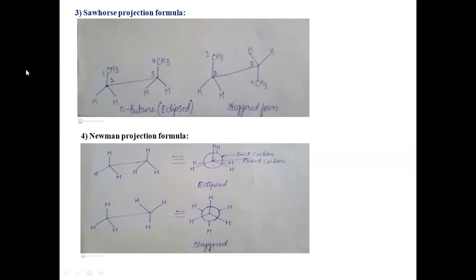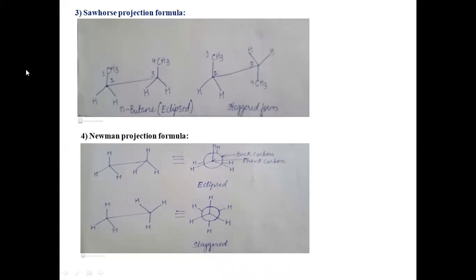This Sawhorse projection formula gives us a spatial relationship between the substituents or groups attached to two adjacent carbon atoms. Here the two carbon atoms can be either chiral or achiral carbon atoms. We use this in the case of a compound containing two carbon atoms, which can be chiral or achiral.